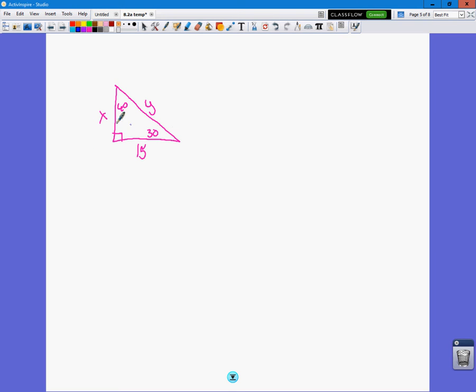What am I going to put across from the 30? X equals a. What's going to go across from the 60? A square roots of 3. There's my algebraic equation that I end up having to solve. And across from the 90 is 2a. So I have a square roots of 3 is equal to 15.